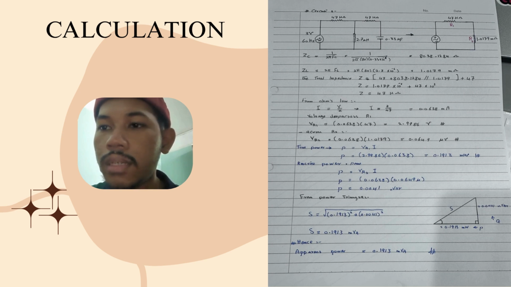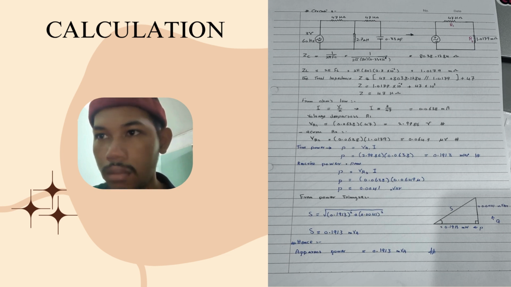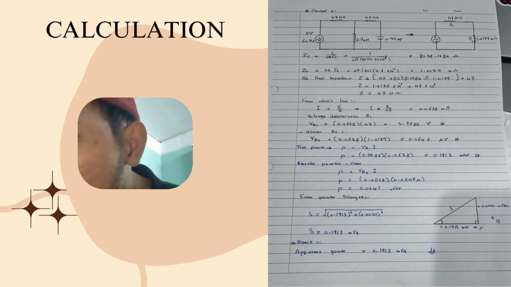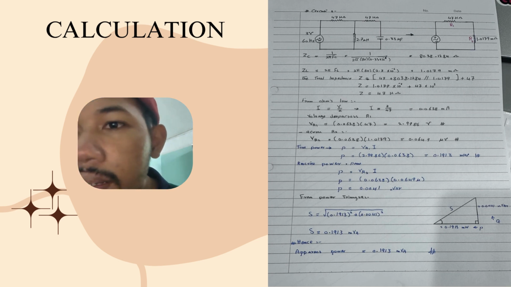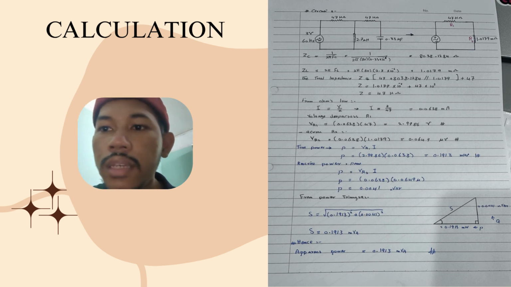Sorry, VR2 is 0.0649 microvolt times current 0.0638. So we get 0.0041 nVAR.